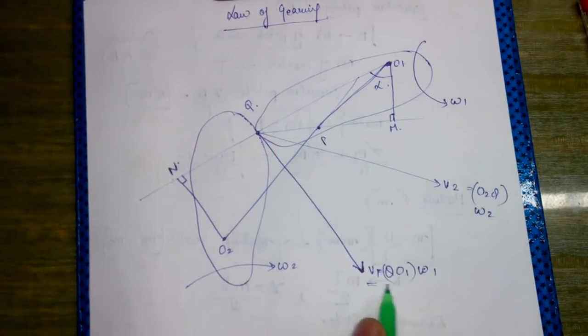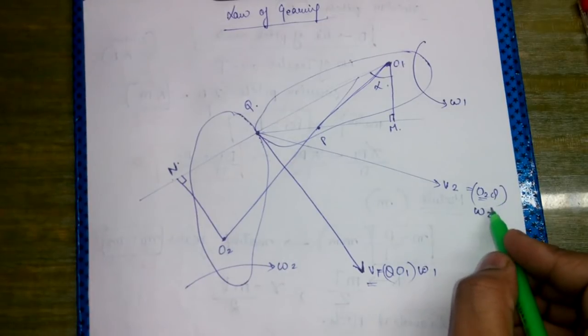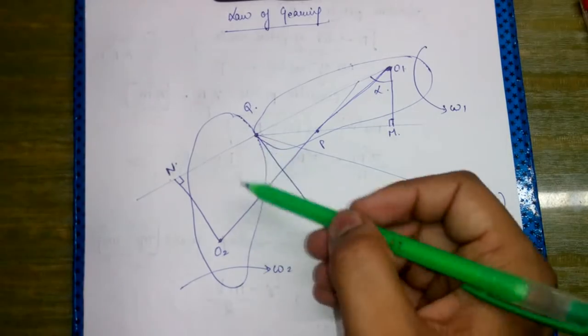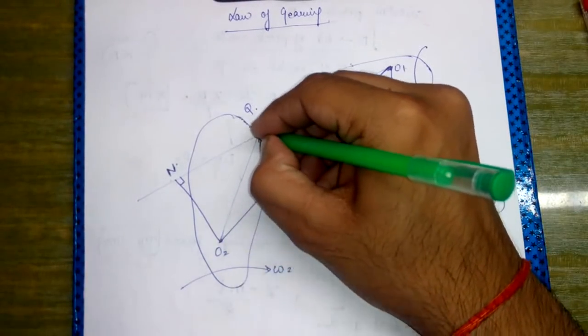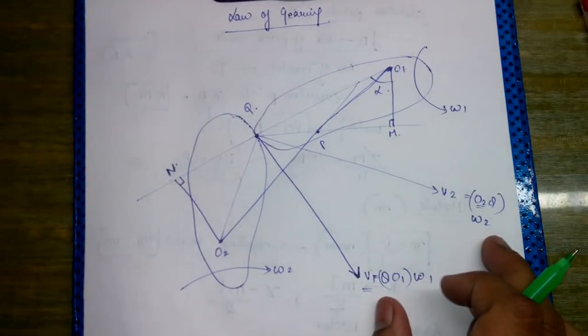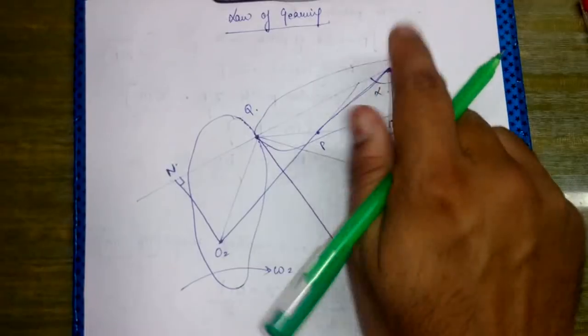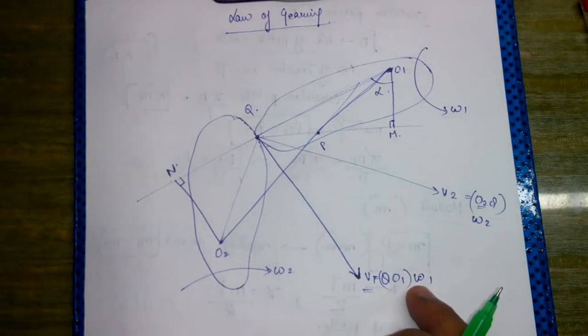V1 and V2 would be the linear velocities of bodies 1 and 2 and would simply be R into omega. So V2 is equal to O2Q into omega 2, and V1 is O1Q into omega 1.